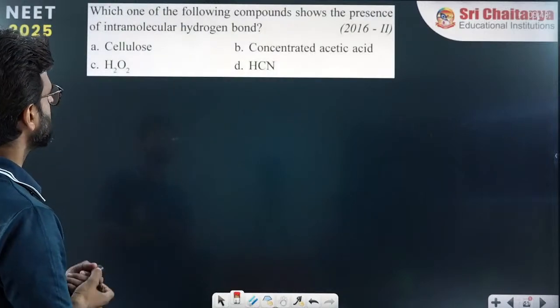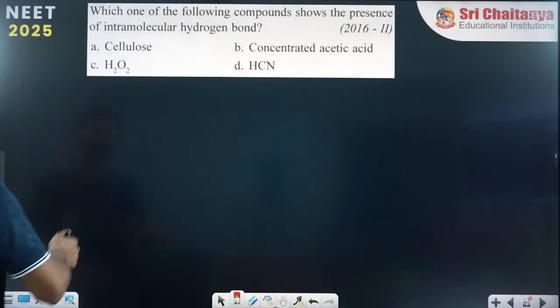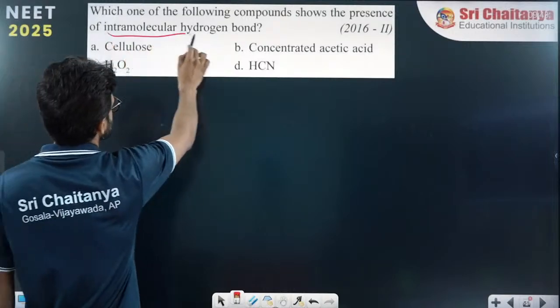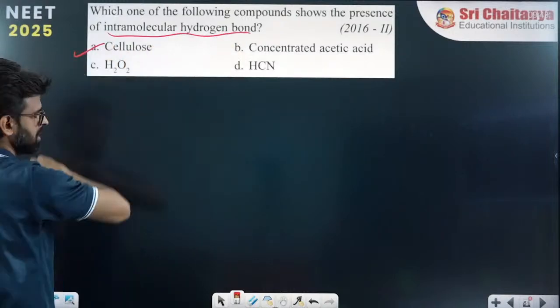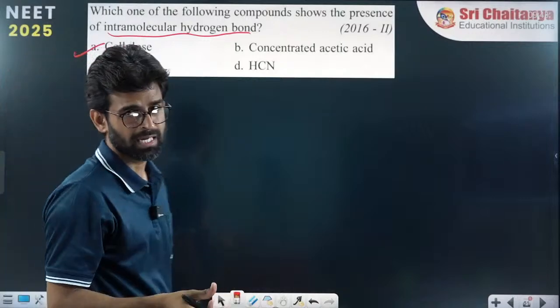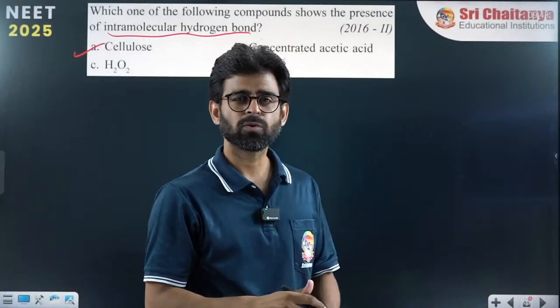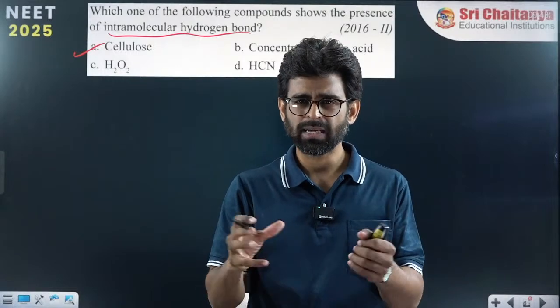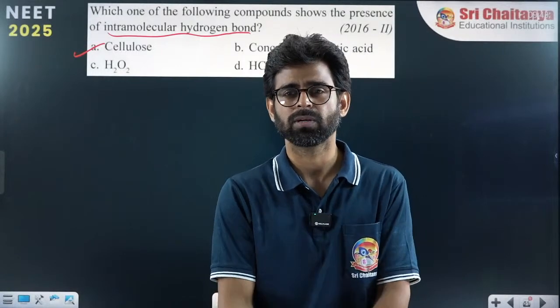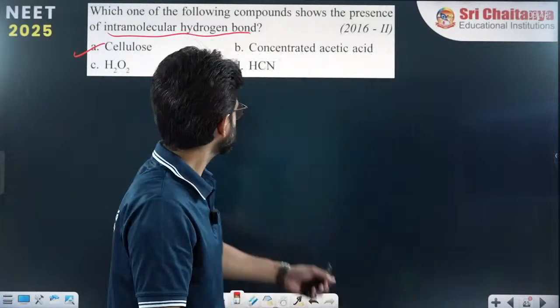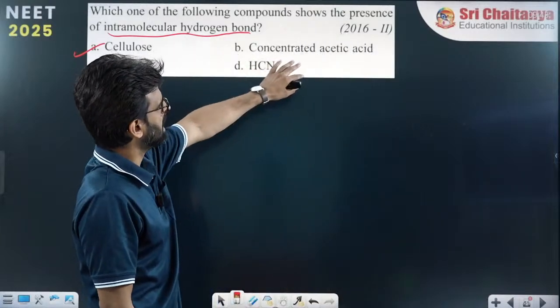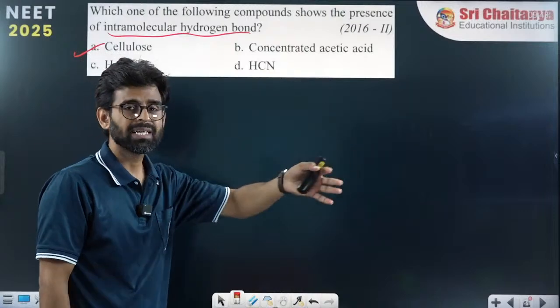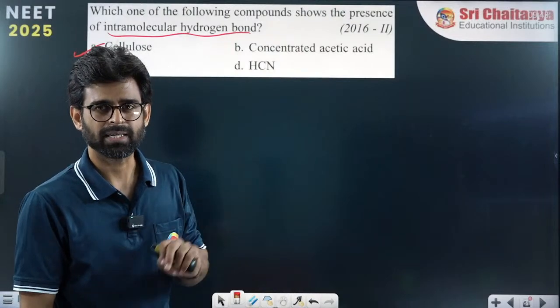Which of the following compounds shows the presence of intramolecular hydrogen bond? Cellulose is a polysaccharide, right? And in this we have so many hydroxy groups. So that's why they can make intramolecular hydrogen bonds. Among the remaining, acetic acid can make intermolecular hydrogen bonds, not intra, right?